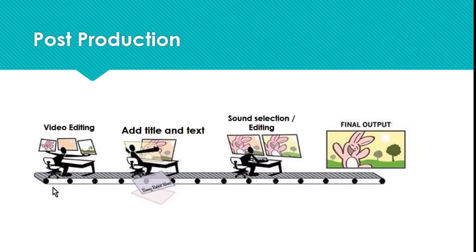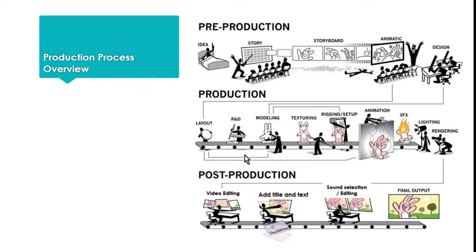So in terms of doing the post-production, the video editing and adding titles and text and sound design is going to be the final step before we produce the final output. Now, from the production process, you would have gotten a series of clips, and this is what happens in the real world.